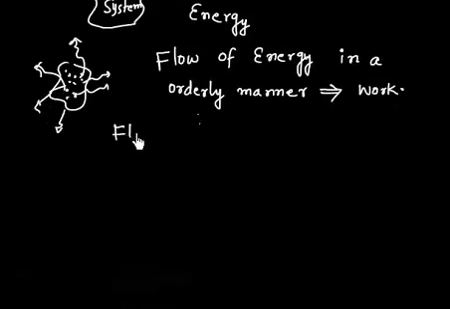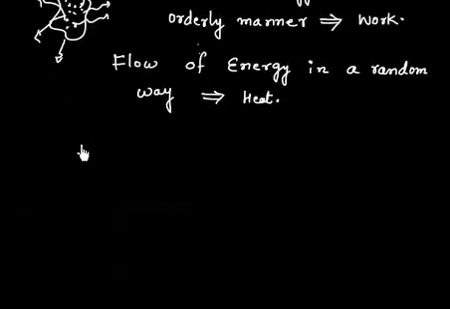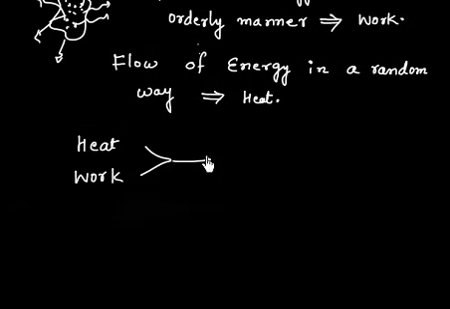And the flow of energy in a disordered manner, or in a random way, we call this heat. So now I think all of you are able to understand. Basically heat and work both are forms of energy.